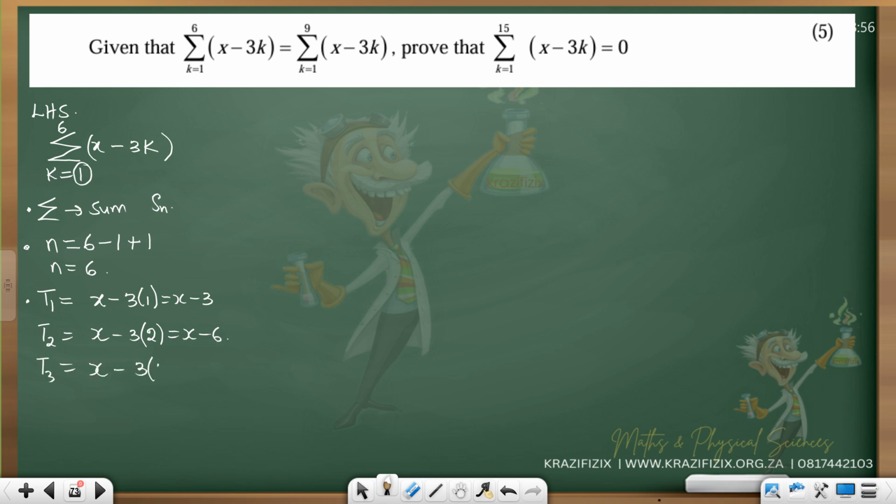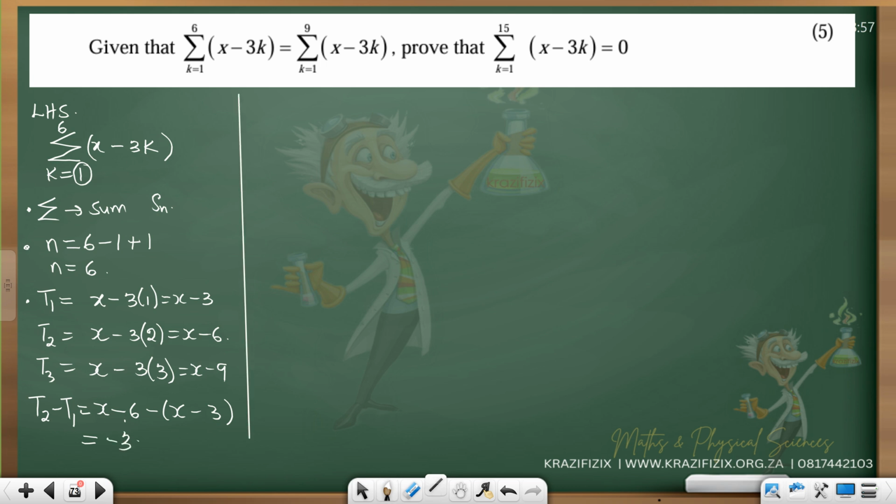X minus 9. Like I told you, once you grow and become an expert in this, I don't need to do this. I can tell you quickly that my difference is -3. But for now, let's go baby steps. Can we find the difference? T2 minus T1 is X minus 6 minus X minus 3. Minus 6 plus 3 gives -3.